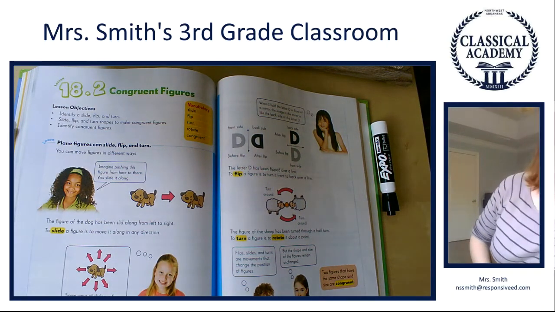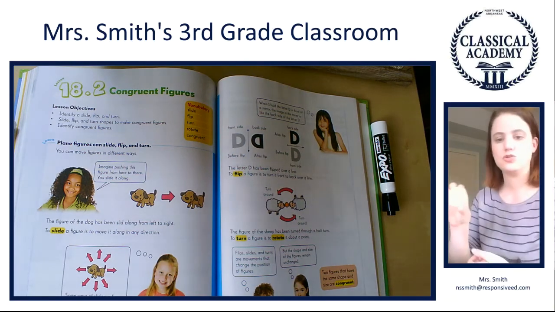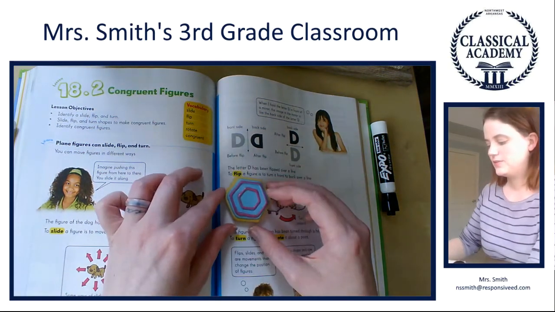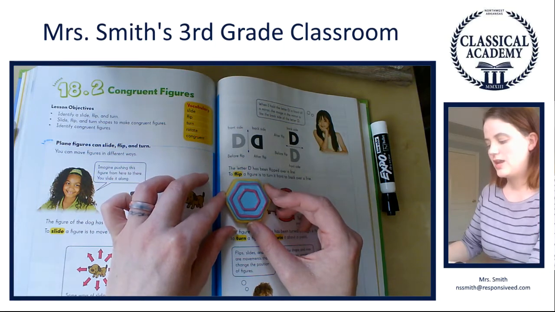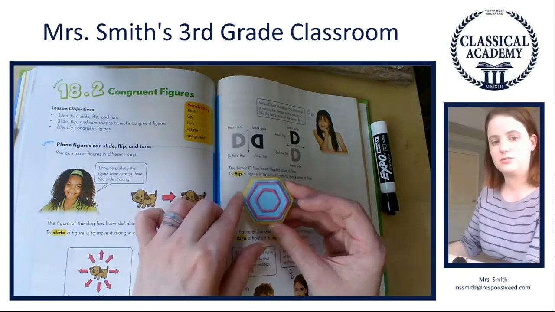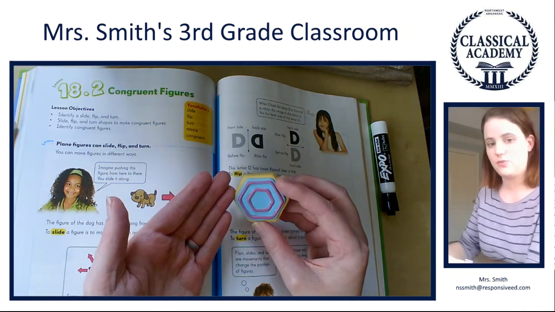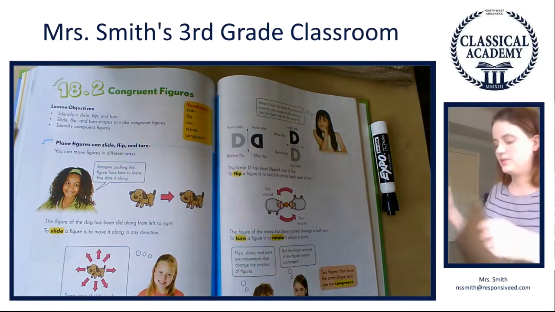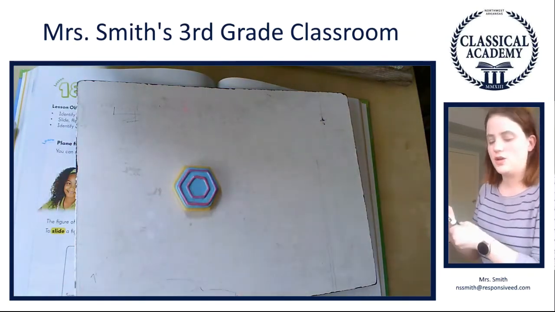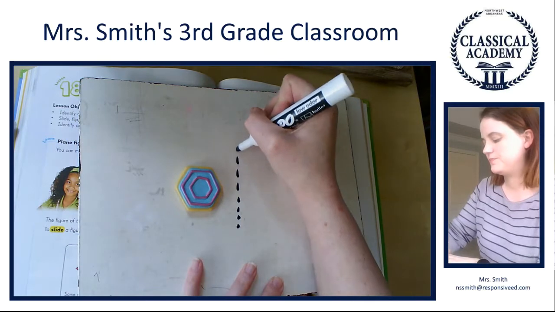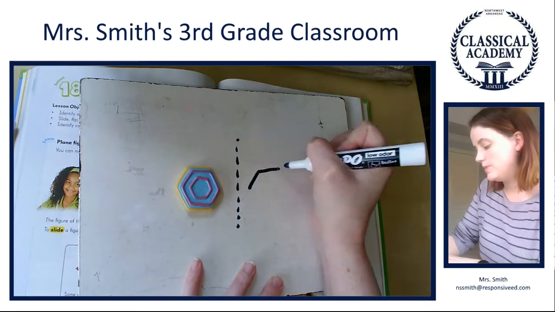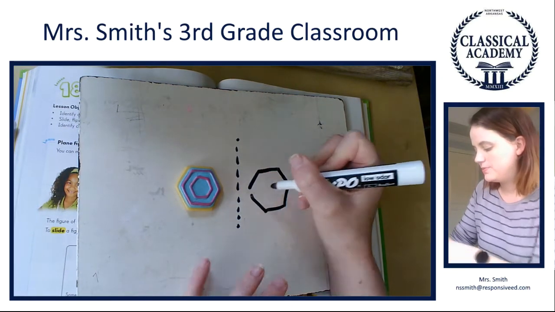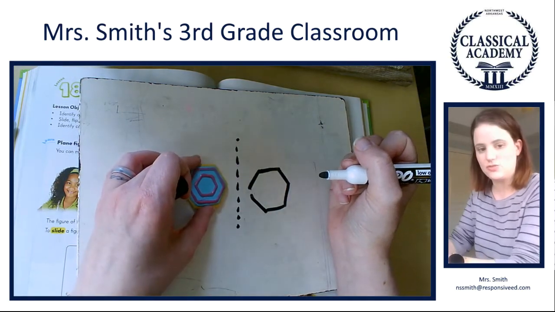If I took this little toy cookie right here and I reflected it in a mirror, I need a blank surface. Across the line, the other one would be the same shape and the same distance from that line.